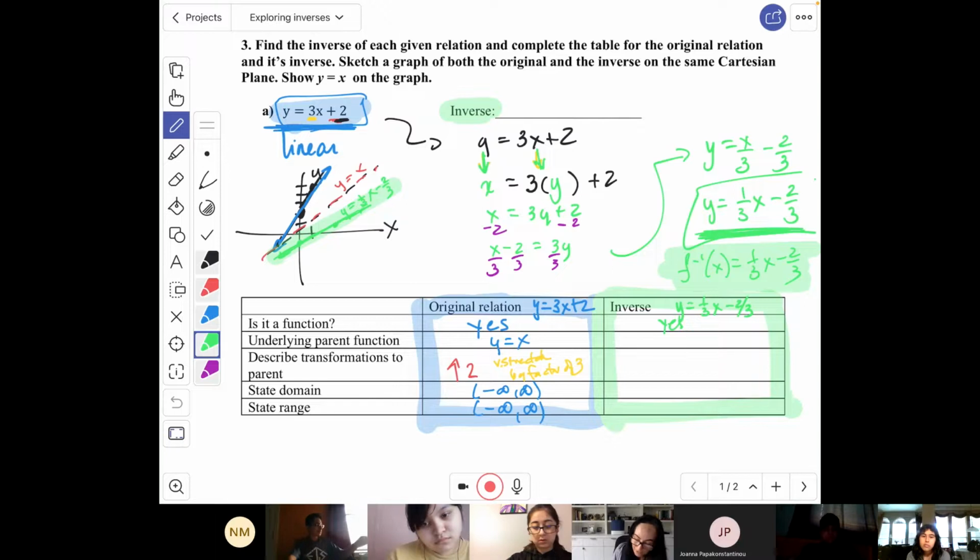Now, what is the underlying parent function for that inverse? Y equal x. That is correct. Now, what transformations am I making to this parent to get this image function here? I've done a shift and a compression, right? Can you describe those? For example, what does that do to our parent?